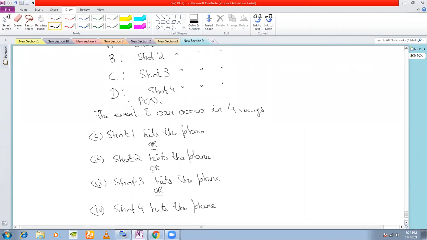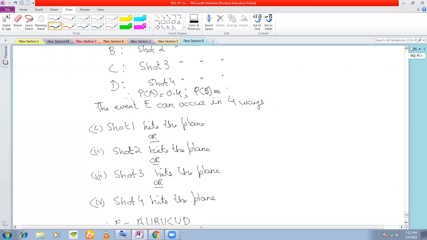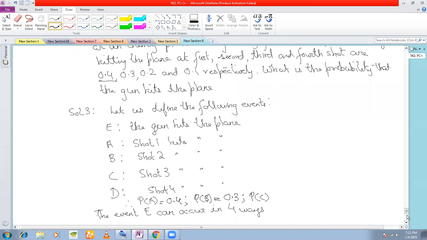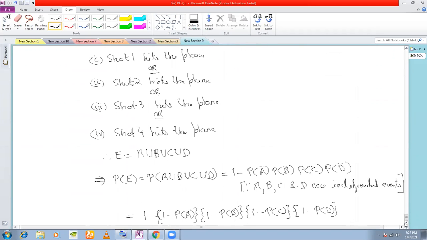PB, look at the question again, is 0.3. PC is 0.2. And PD is 0.1. Right?